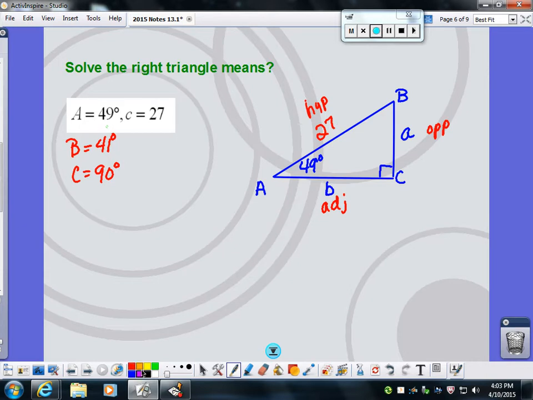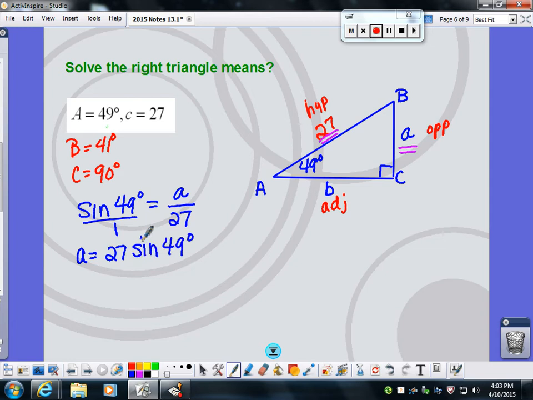We've got A as opposite, and we've got the hypotenuse, so we want to use sine. So set it up: sine of 49 degrees is equal to the opposite, which is our A, over our hypotenuse. We're solving for A. You can think of this as a proportion, cross multiply. So A is going to equal 27 times sine of 49 degrees.